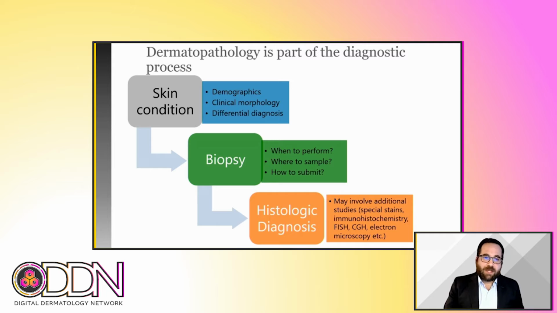So when we're seeing patients in clinic, we start with identifying the features that trigger the thought process in our mind of the need for a biopsy. So we're looking at patient demographics, the morphology of the skin lesion that we're looking at, and formulating a differential diagnosis. And we think about when to perform a biopsy, what type of biopsy to perform, and how to submit it. And the end result of the histologic diagnosis helps give us essential information for rendering the care of our patient.